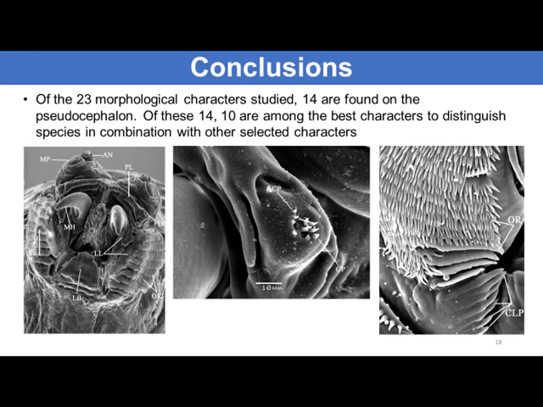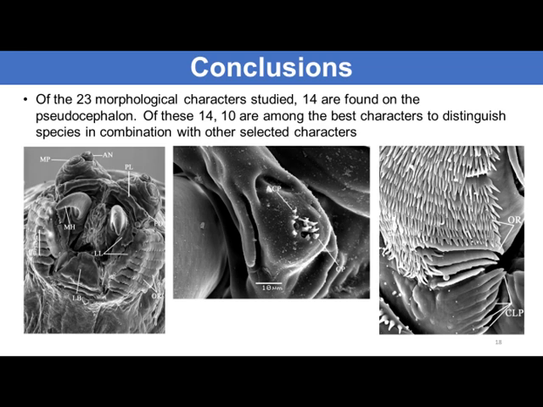Among those 14 characters on the head, nine are the best characters to distinguish species, and these nine are used for the first time in this key.